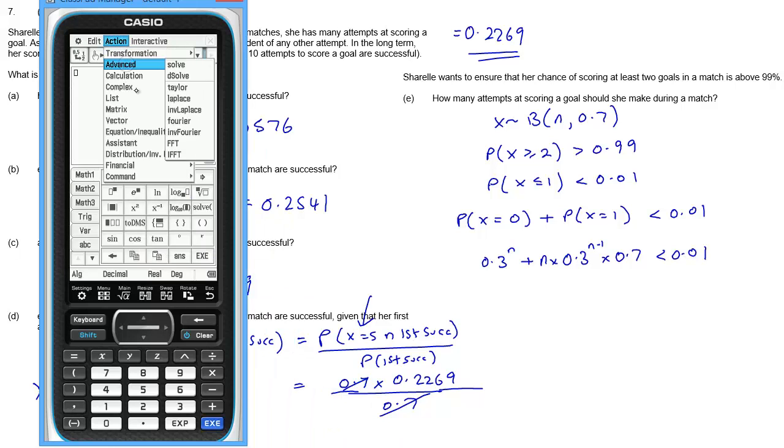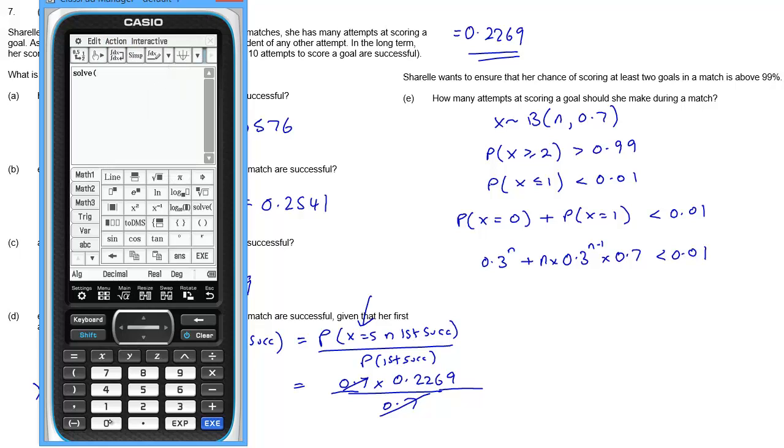So let's go for a solve, and we've got 0.3 to the power x plus x multiplied by 0.3 to the power x take away 1 times 0.7, and let's put that equal to 0.01 and execute that.